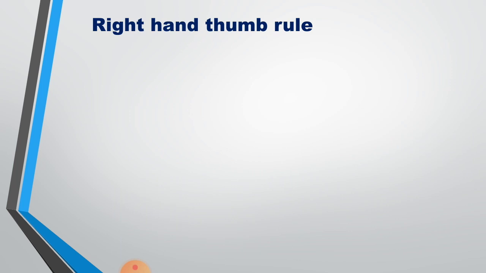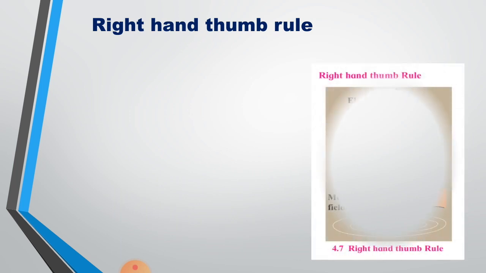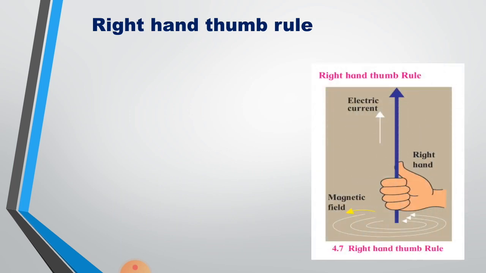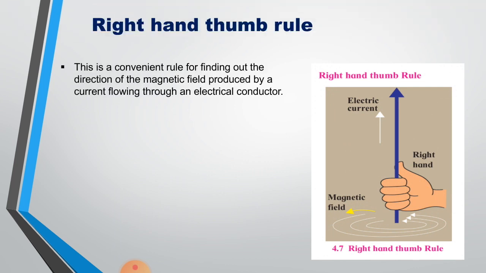Yes. Now, the right hand thumb rule, a very easy rule which we are going to see, and it is very interesting. You can do it in practical at your home. So here, this is a convenient rule for finding out the direction of magnetic field produced by a current flowing through an electrical conductor.